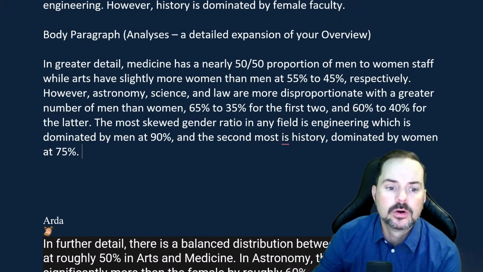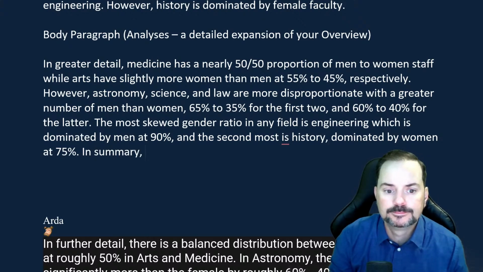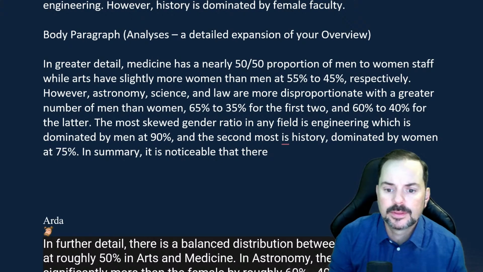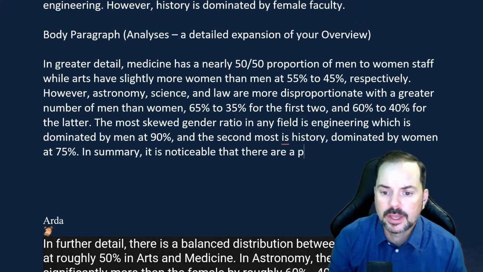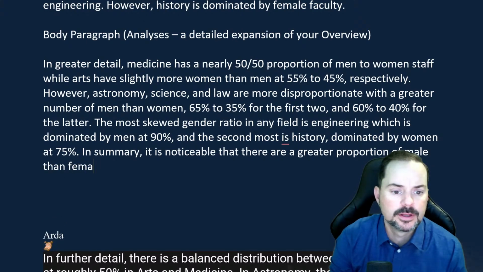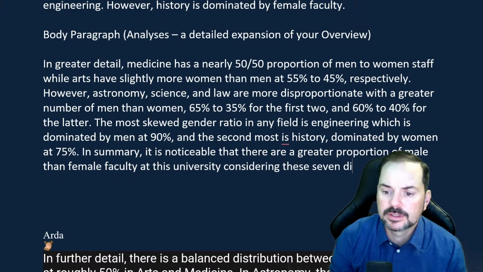Okay, so I'm going to add this. In summary, it is noticeable that there are a greater proportion of male than female faculty at this university, considering these 7 different majors.